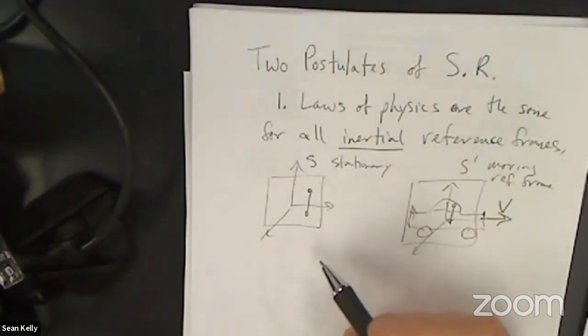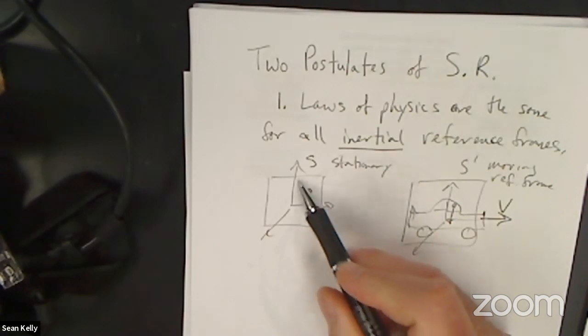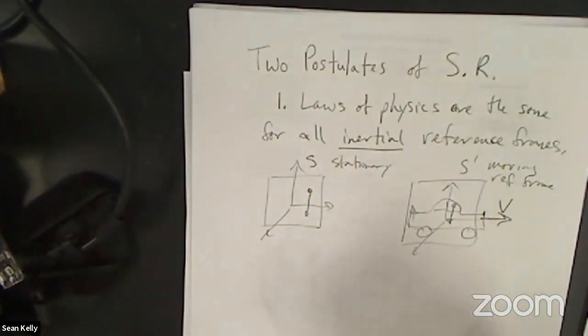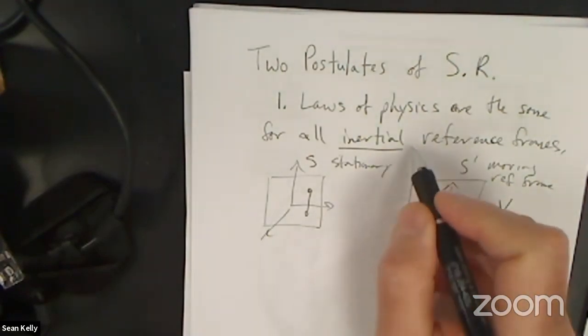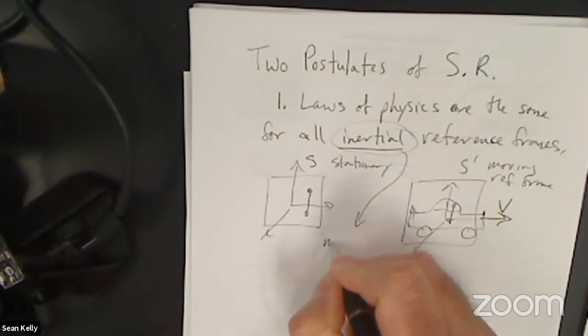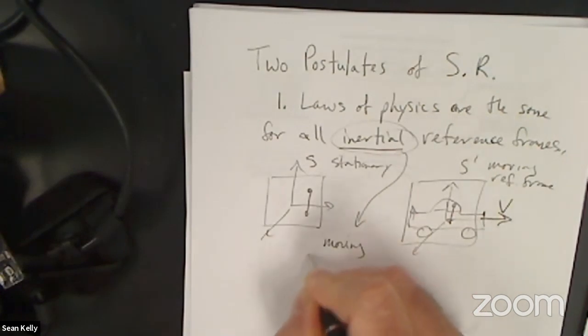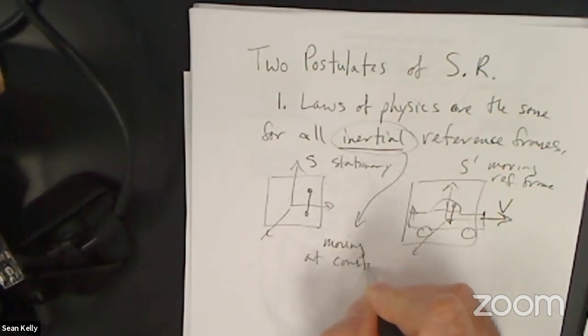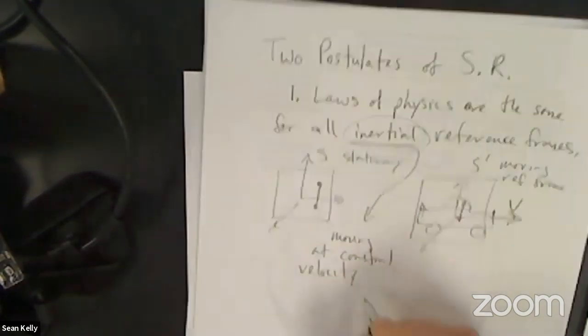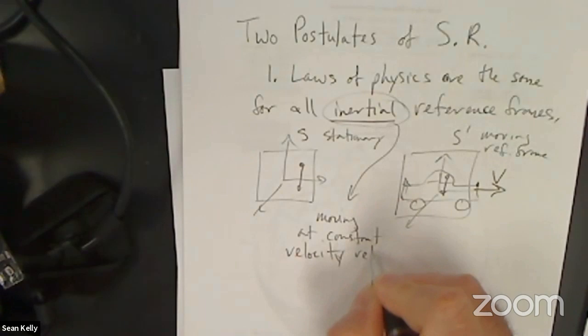If I'm standing still or I'm in a room, I can see my reflection. The laws of physics are the same for all inertial reference frames. So what does that mean? Moving at a constant velocity relative to another frame.